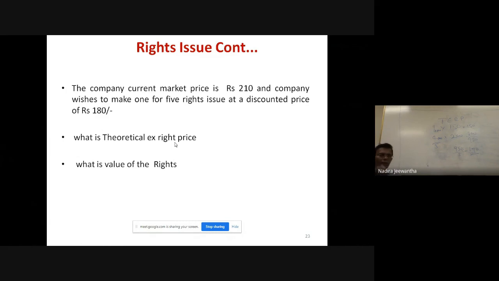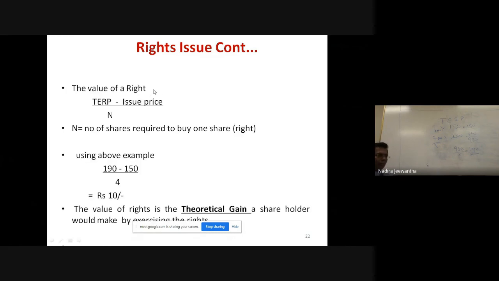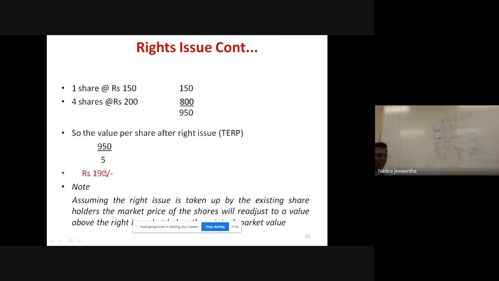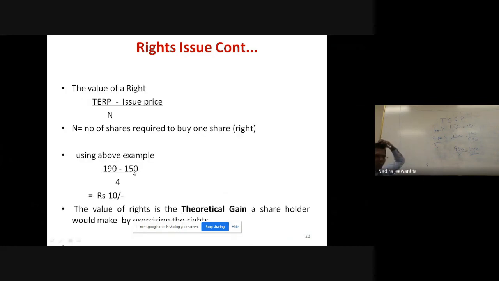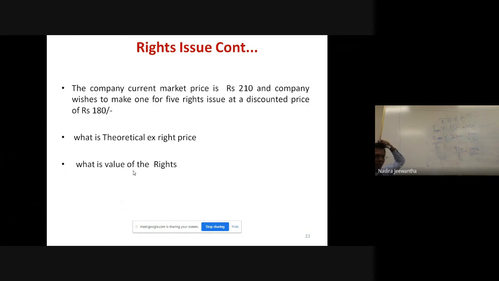Now, the company currently, this is the question. 190 was the theoretical ex-rights price. After the right issue, shares will be trading at 190. Before the right issue, it was trading at 200. Now here in the question, the current price is 210.